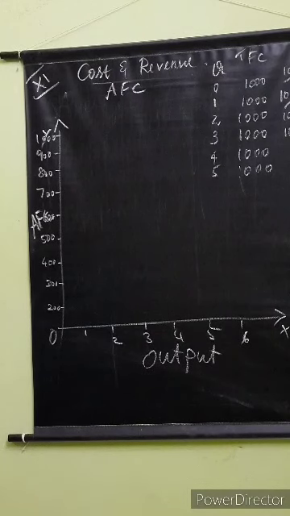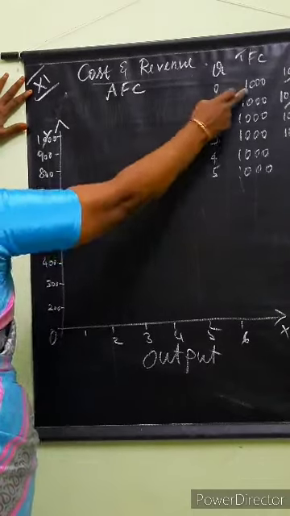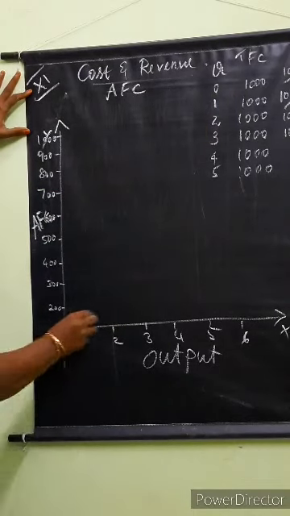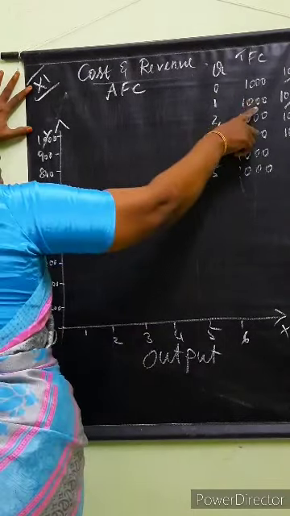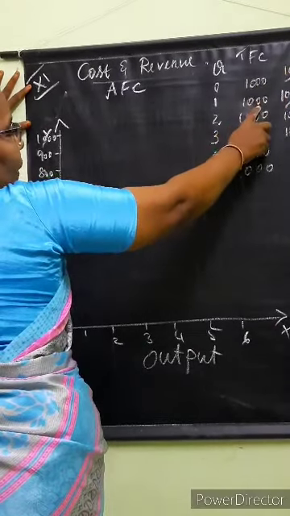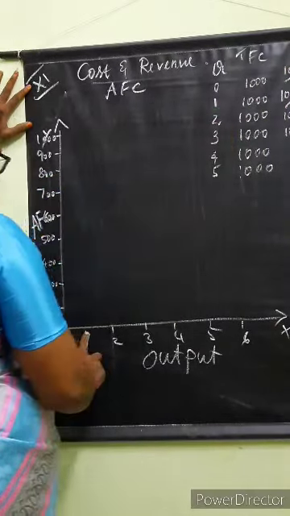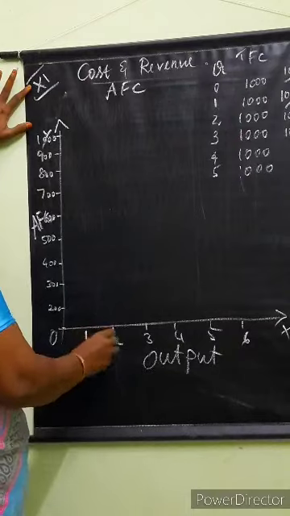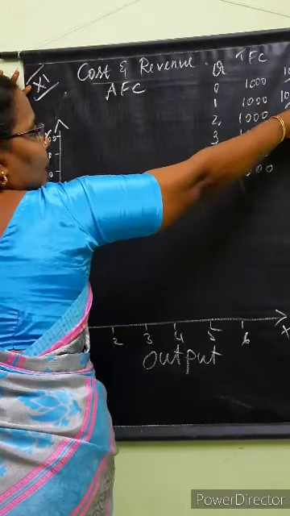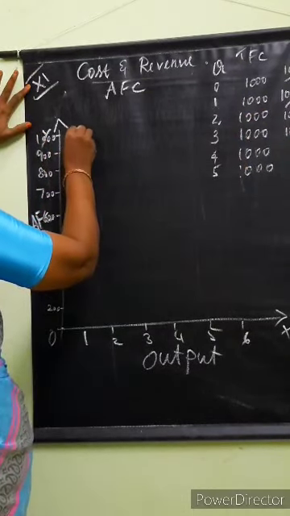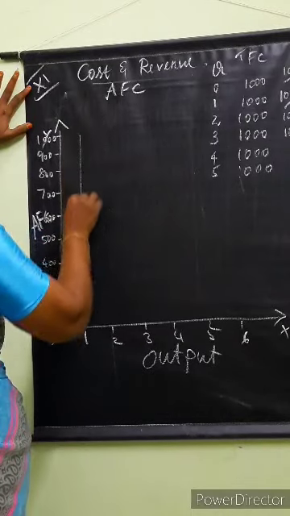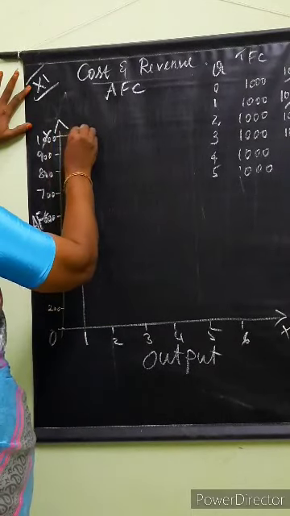Now, we will draw a curve for the average fixed cost. First one, 0 quantity, 1000. So, it will be here, isn't it? Second, infinite, we cannot mark. First one, the quantity of output is 1 and the average fixed cost is 1000. So, you will get the line like this.